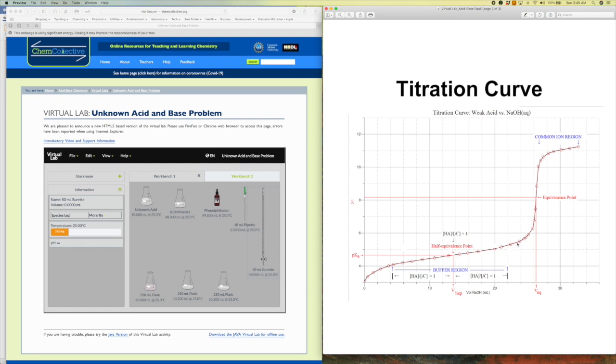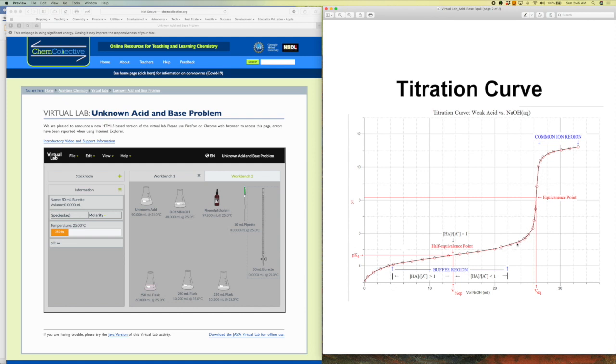So the pH is going up by larger amounts. And so that's why it was necessary to decrease the volume that we're adding, because what we're trying to do is get as many points as possible in this region in order to continue this curve.